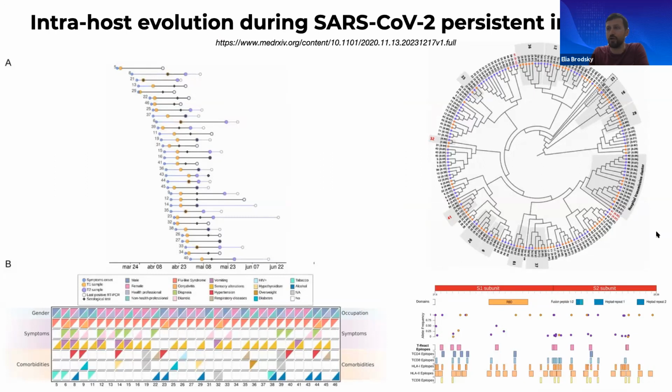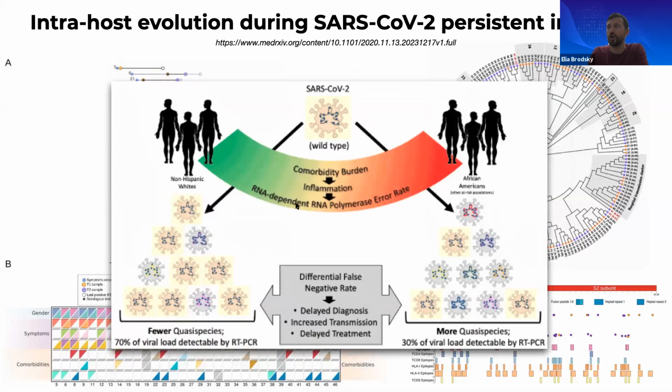You can see how comorbidities and different types of symptomatic and asymptomatic response could allow a different type of evolutionary pressure on these communities of viruses causing disease, eventually causing the spread as well. One of the things that has been proposed is that different populations with different comorbidities, different types of phenotypes, and different genetic backgrounds could cause divergence between these quasi-species and a lower level of detection by the common standard method of RT-PCR.